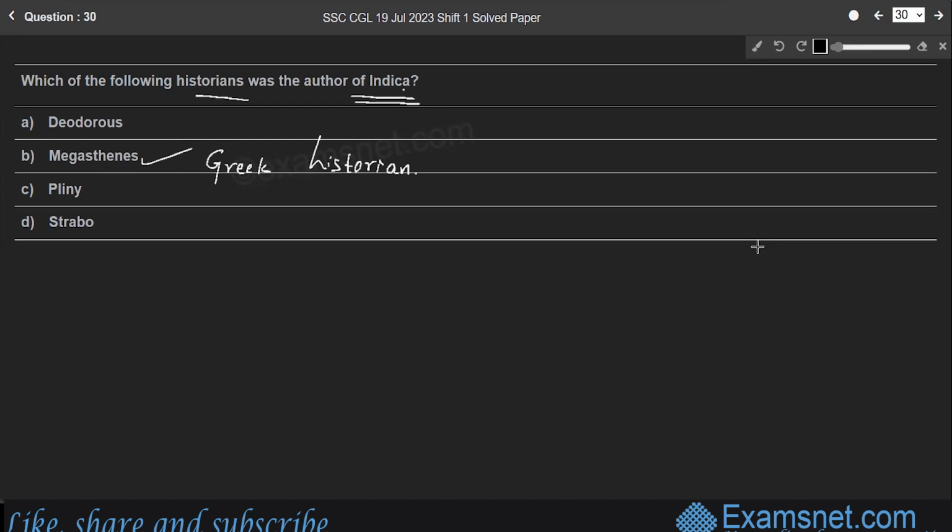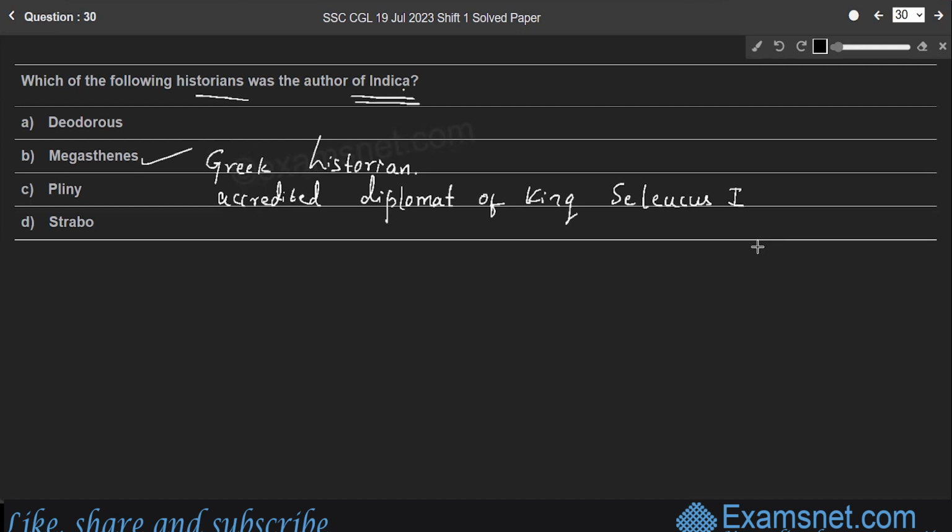He was an accredited diplomat of King Seleucus I. He was an ambassador of Greece to the Mauryan Emperor Chandragupta.